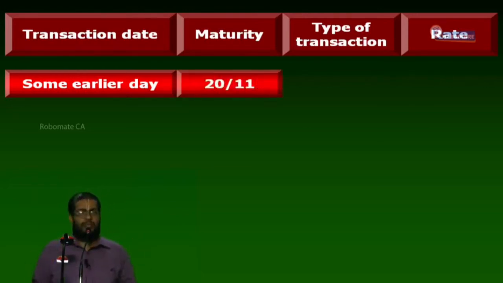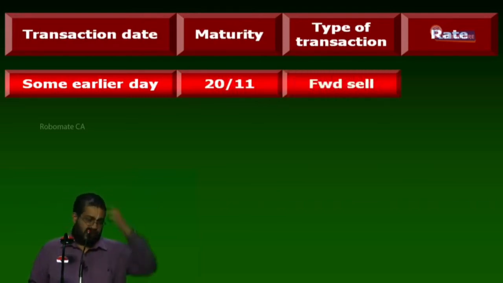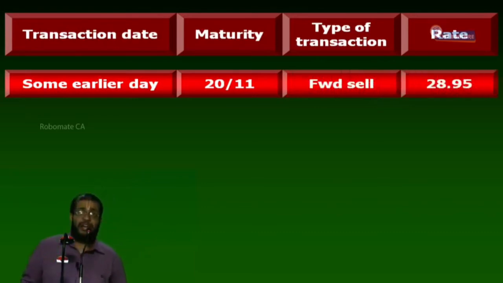I might have gone to the bank on 20th September or 20th July, anything, but the transaction is expiring on 20th November. I went for a forward sell, for how much rupees? 28.95. I went for a forward sell of 1 Deutsche Mark is equal to 28.95.